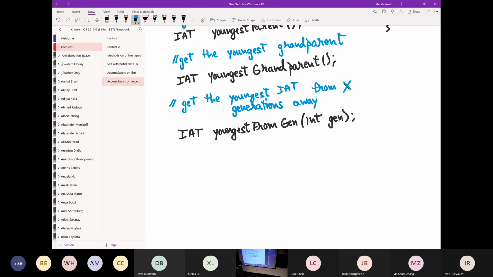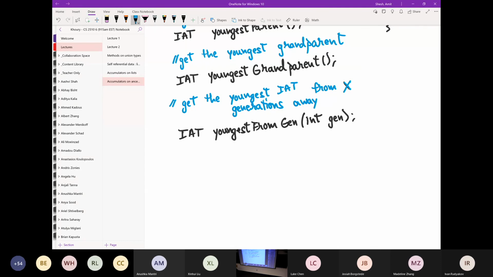What does it mean when I say get me the youngest IAT from generation 0? Who is generation 0? Well, I am. In a tree that starts with me, I am generation 0. In fact, I'm the only one from generation 0 in my tree.